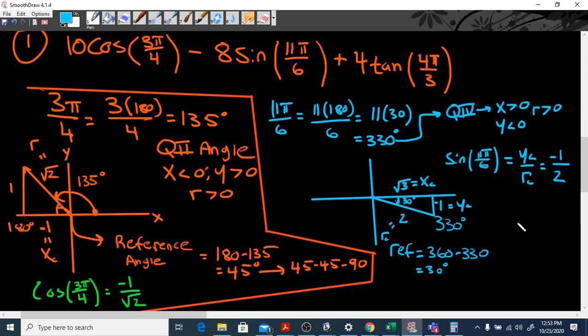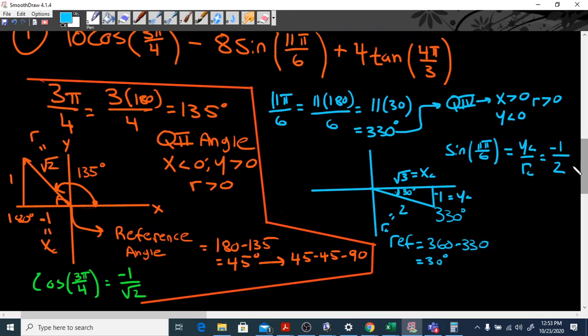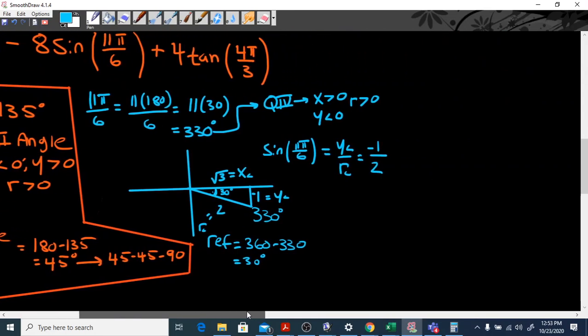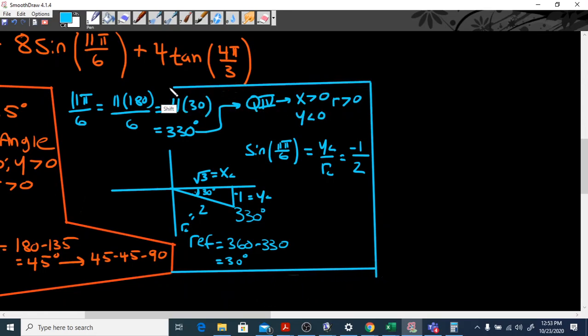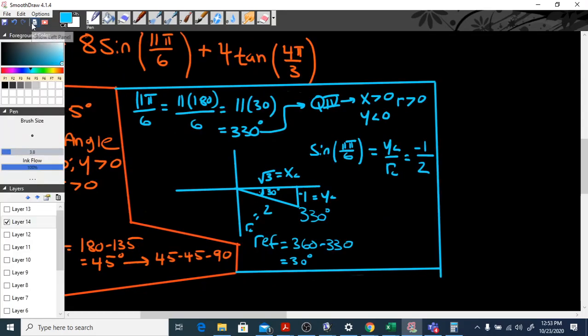All right, now let's see, tangent of 4 pi over 3. Okay, so that all goes to term 2. Let me change my color.